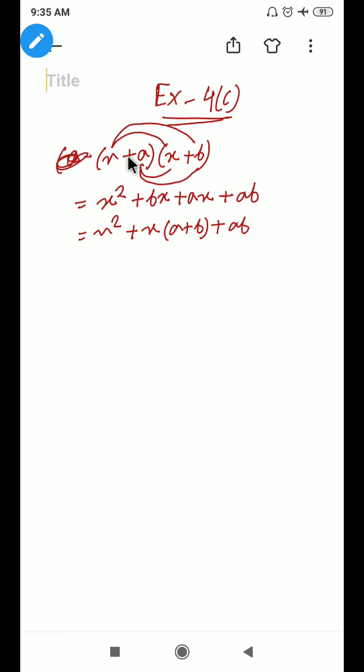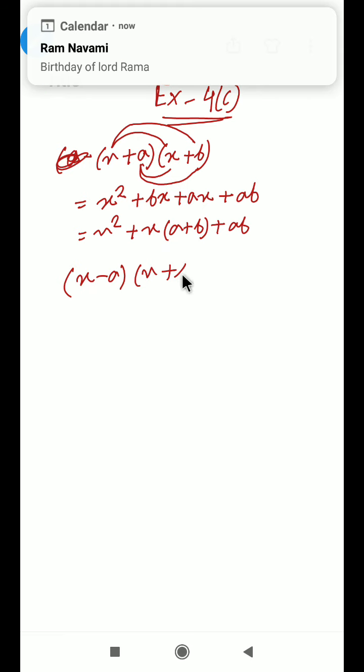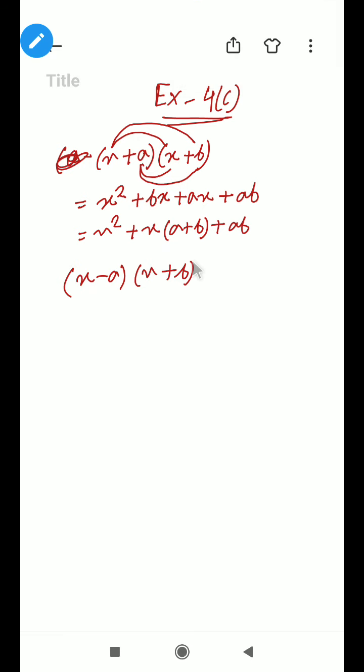So if you put a minus here, suppose x minus a into x plus b, then we will get the same things. Firstly multiply x into x, x square. Then multiply x into b, it will be bx.